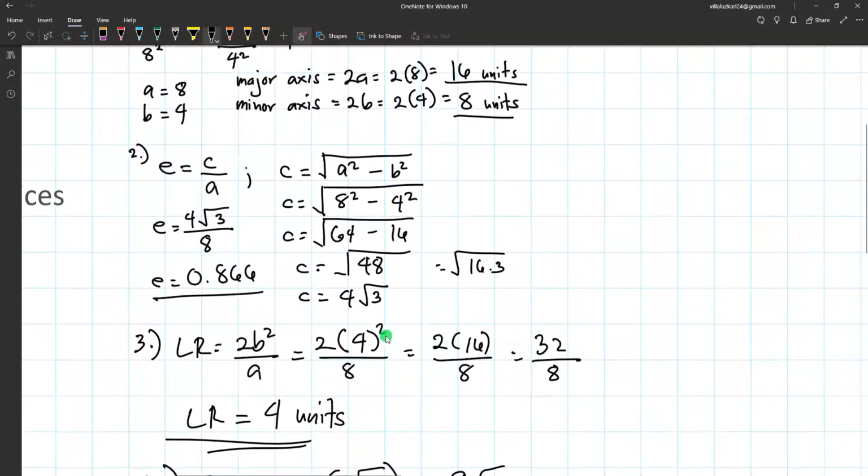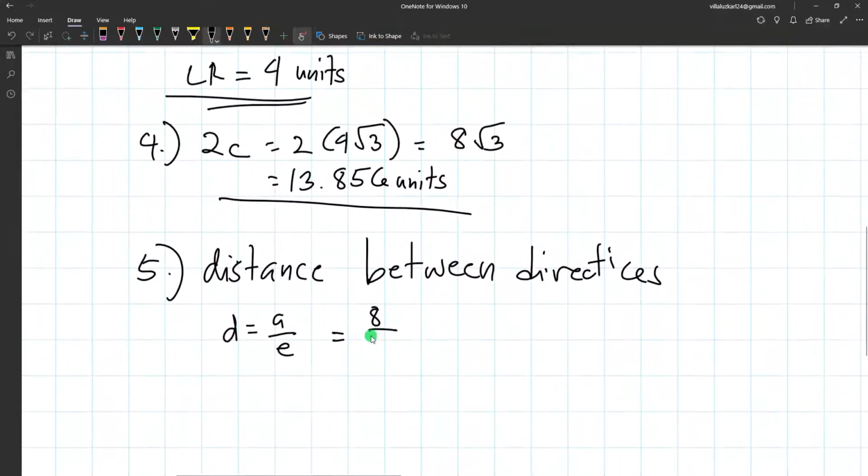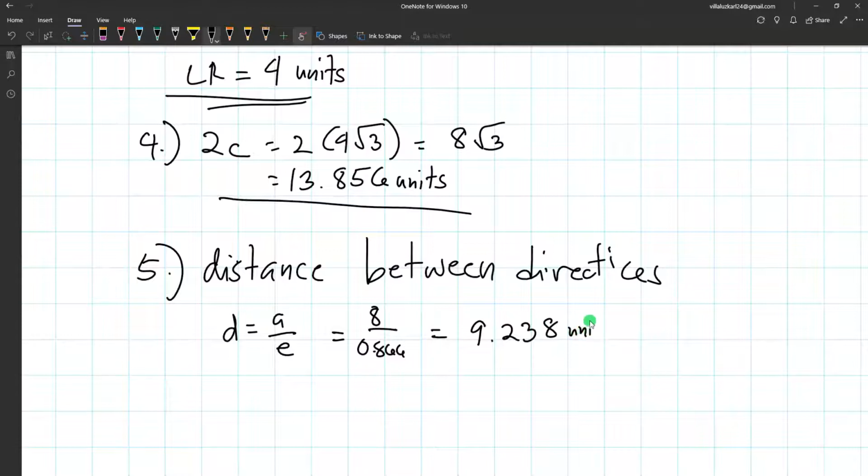E is 4 square root of 3 over 8, or 0.866. We use that. We have 8 over 0.866, which is 9.238 units.